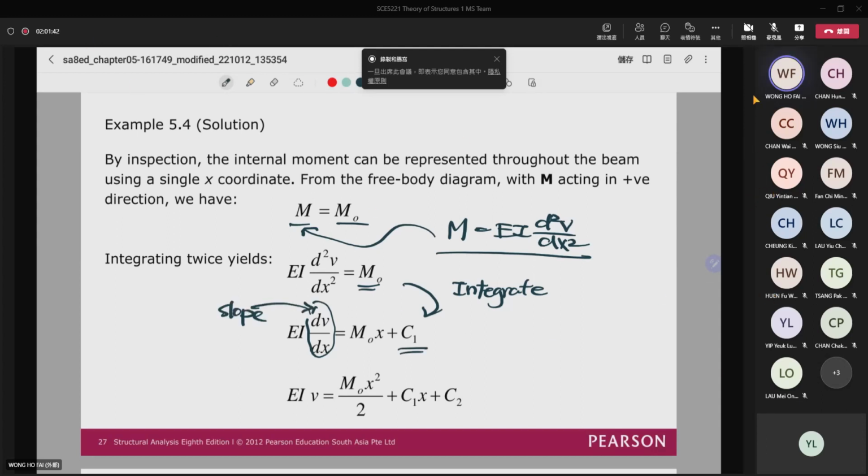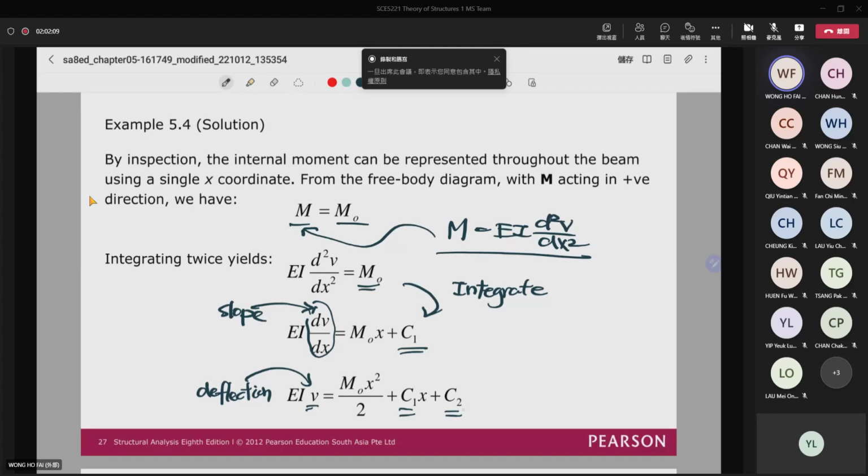So you have your first integration constant. And then you integrate one more time. Then you have your deflection. Then you have C1 and C2 as two integration constants. Okay. Agree?